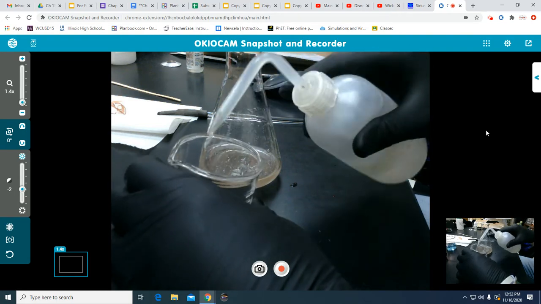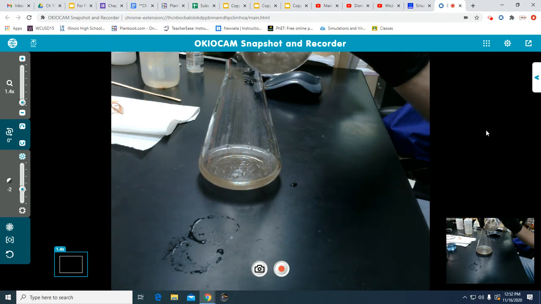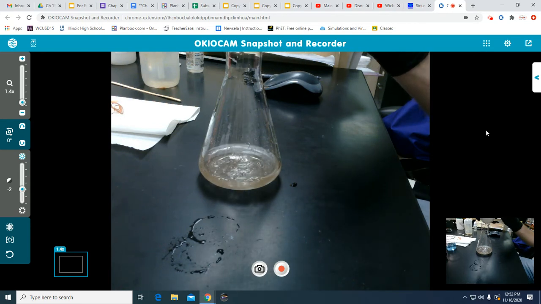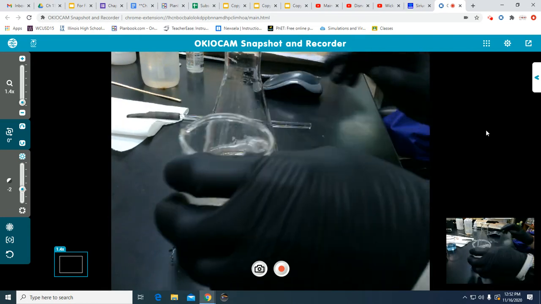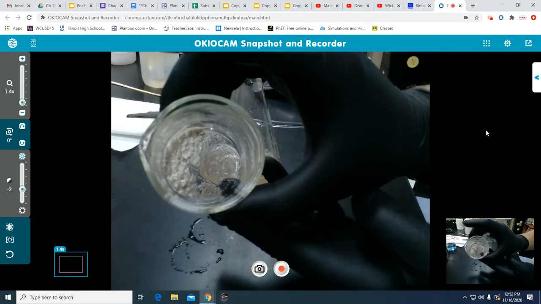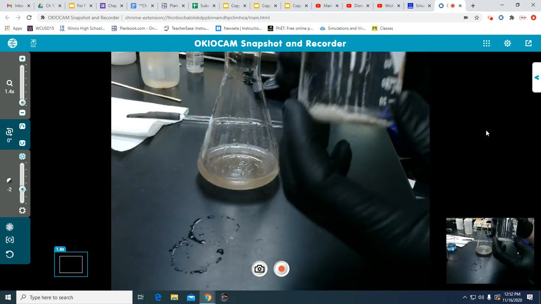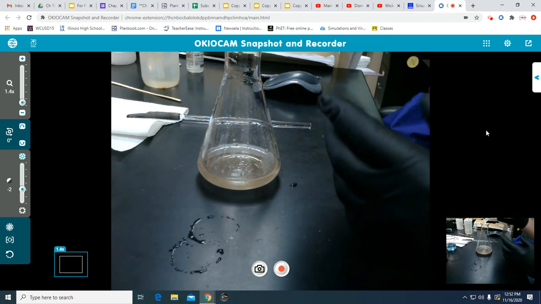Okay, not a whole lot of water this time. And then we're just going to pour it back. That should be nice and rinsed. So what we're going to do now is place this container that has the silver on the bottom in the fume hood and let it air dry as much as possible over the night.